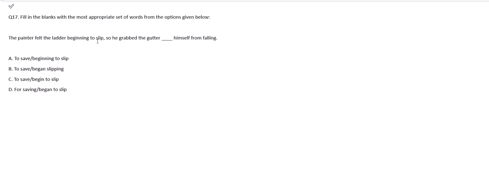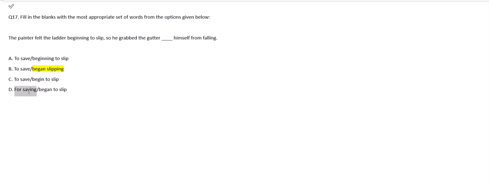The first action started in the past and was continuing, which is past continuous. If you see the options here, the past continuous is option B, began slipping. And we have two more options, which are to save and for saving.